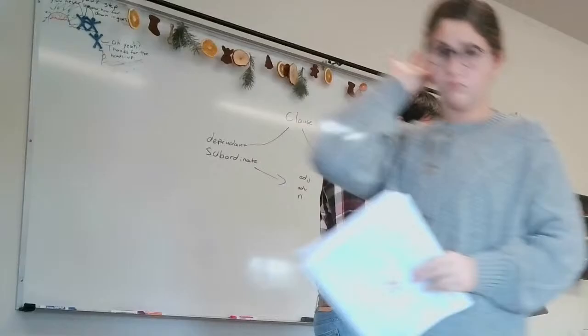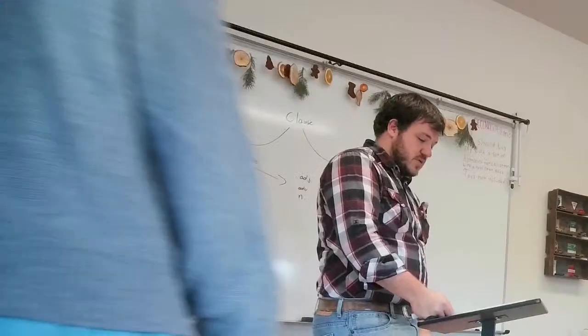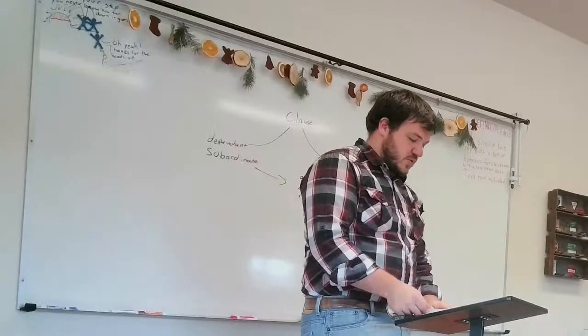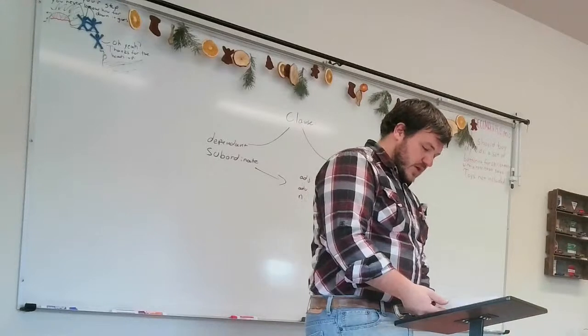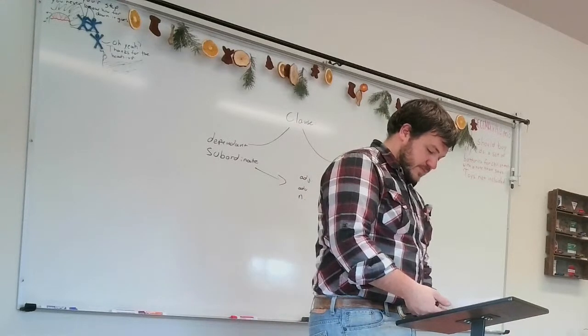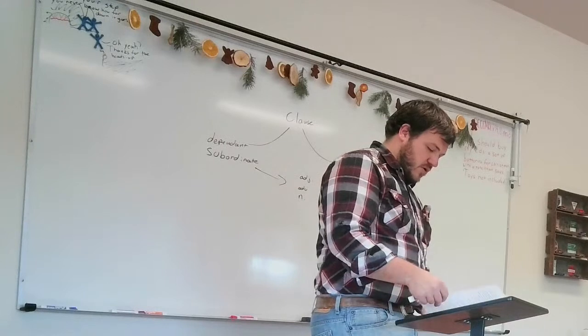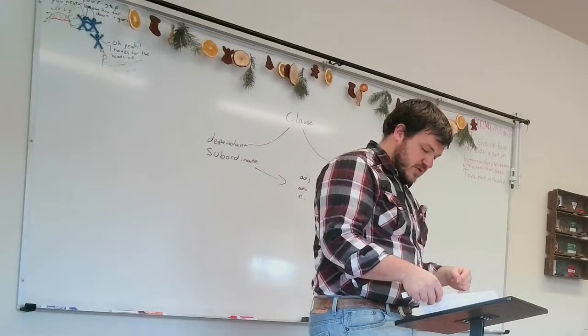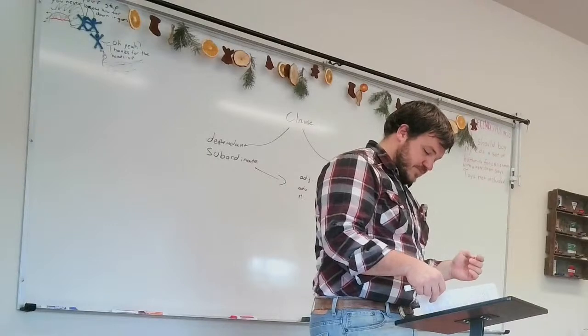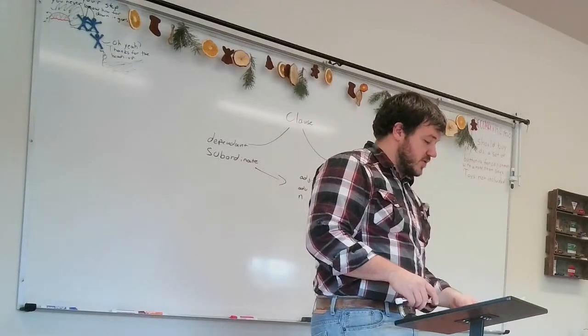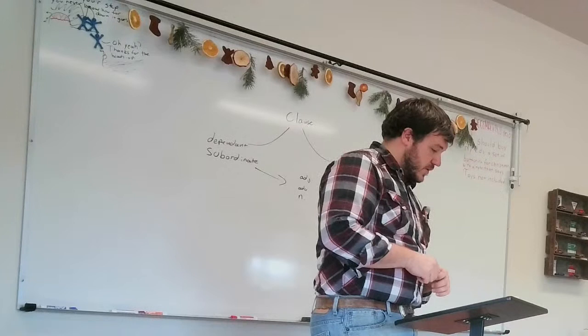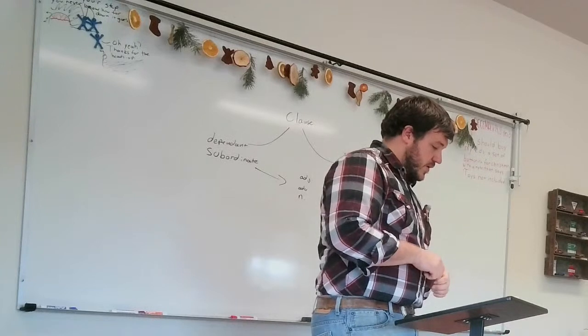And the relative pronouns are who, whom, which, and that. Sometimes they are understood or implied to be there, which only happens if they are not the subject of the clause. All right, so number one.